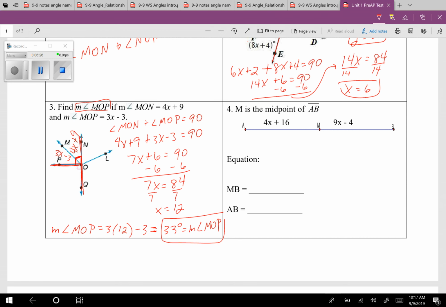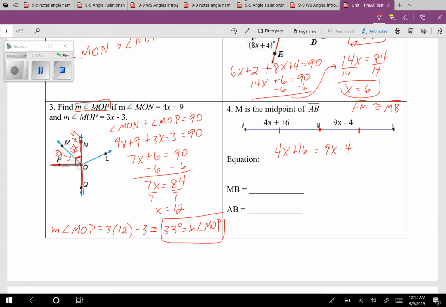Okay, now number 4, it says M is the midpoint of segment AB. So midpoint, that means it's right in the middle. So that means AM and MB are congruent. So AM is congruent to segment MB. So right away, you know that 4x plus 16 is equal to 9x minus 4. And notice how we have the space for the equation.